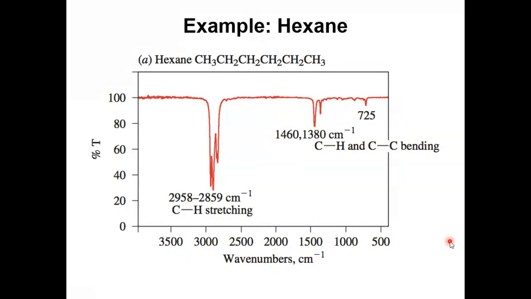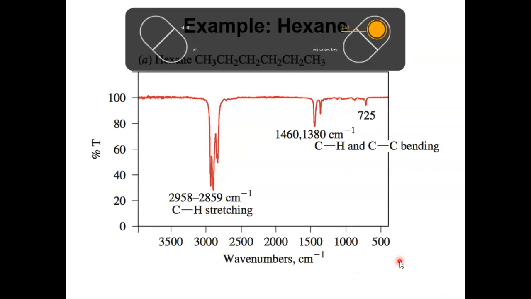The meaning of reciprocal centimeter is that you take the wavelength of the infrared photon, convert it into centimeters, then calculate the reciprocal of the wavelength, which gives you a number called the wave number, in the unit of reciprocal centimeter.